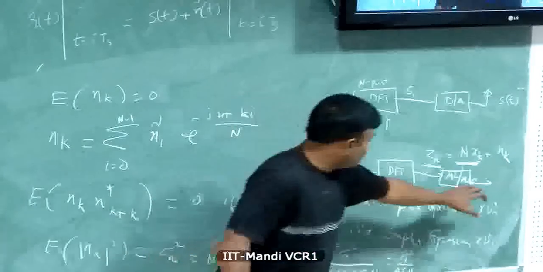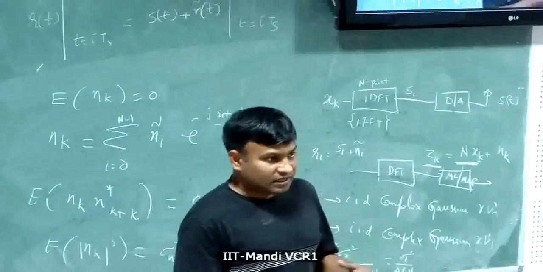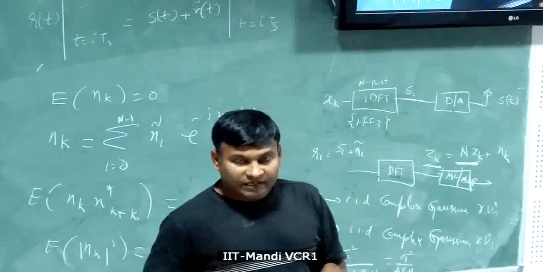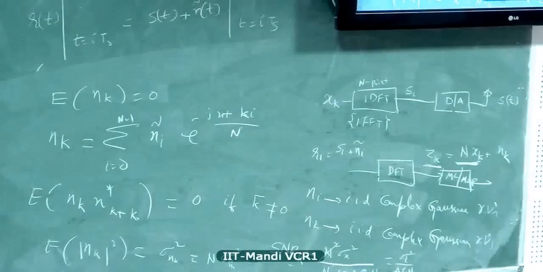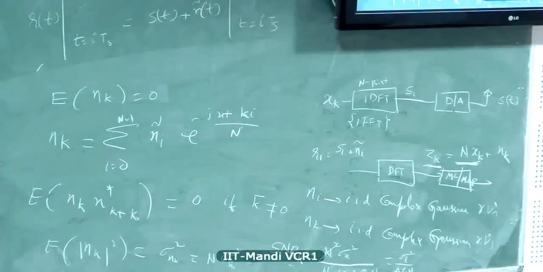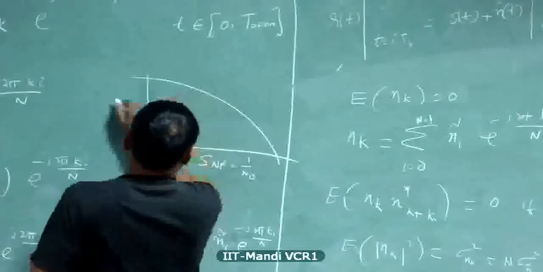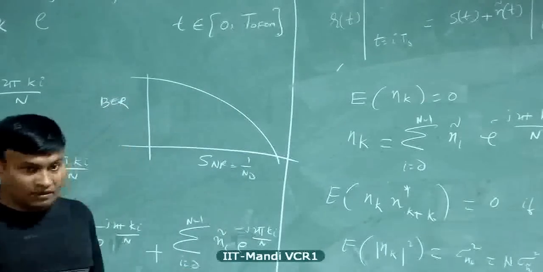You count the errors, compare the demodulated data with the transmitted data, count the errors and repeat this procedure a number of times. So for a given operating SNR, you will get the bit error rate.